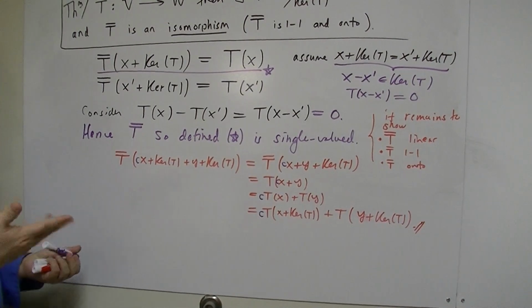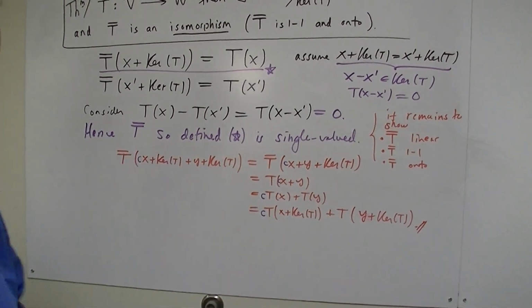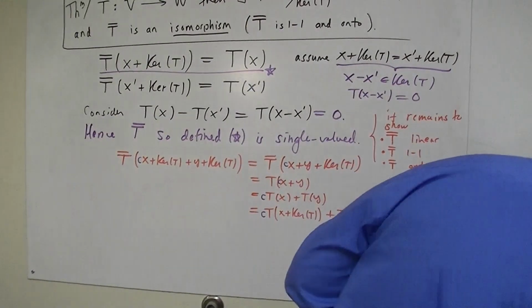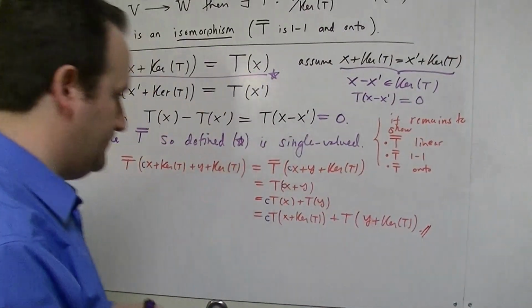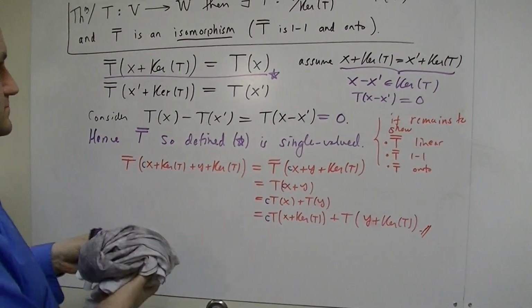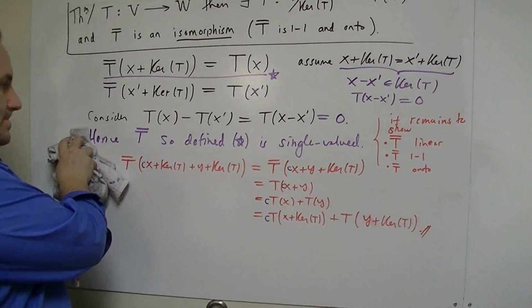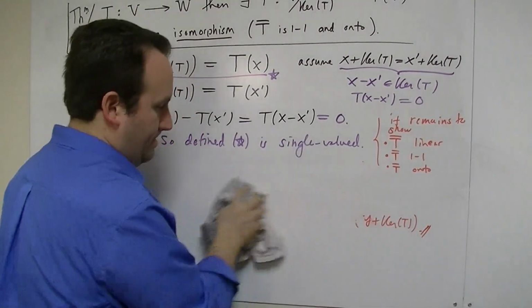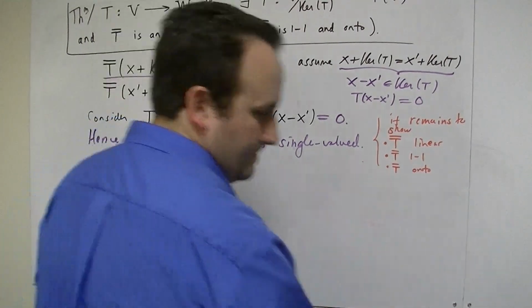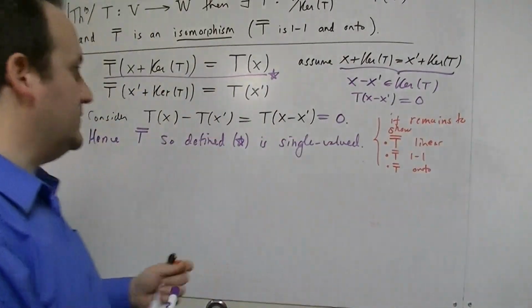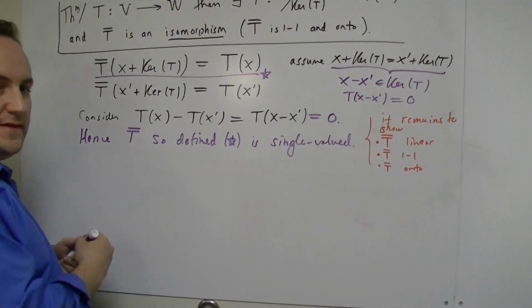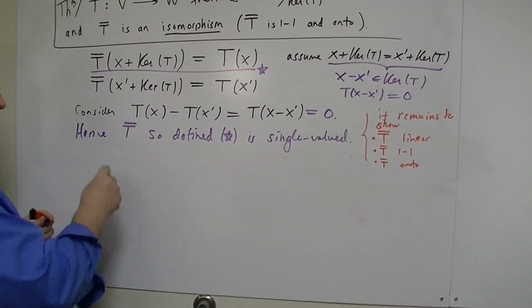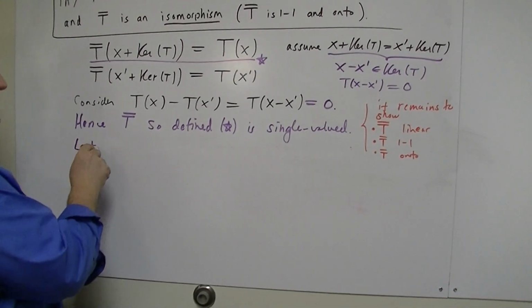Now let's show why it's onto. To show something's onto, we should pick something in the codomain and show that it exists.